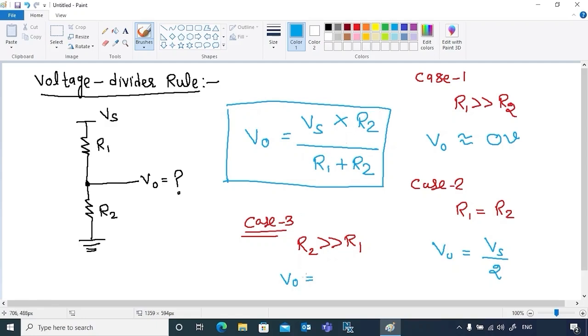So VO is approximately equal to VS. It means if you increase the value of R2, VO is increasing. If you decrease the value of R2, then VO is decreasing. So this is called the voltage divider rule.